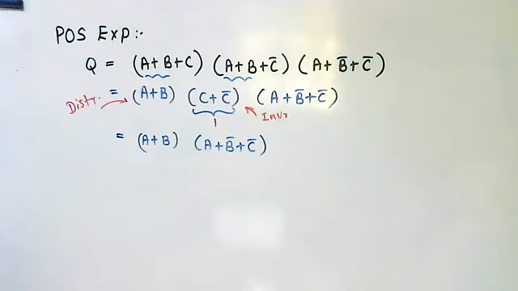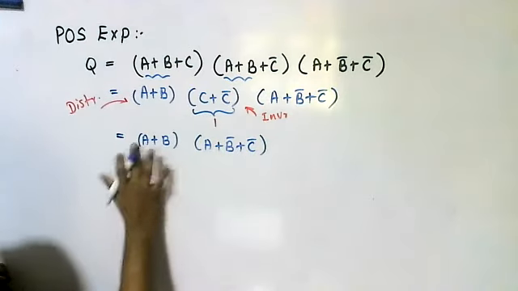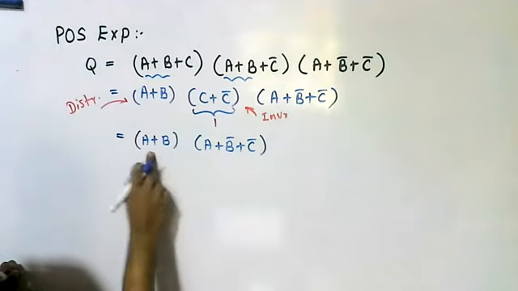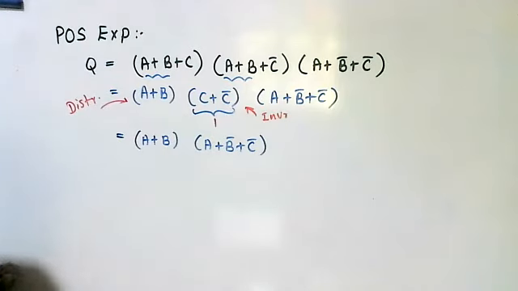Until here, I hope you all are okay. You all got this, right? Now we are going to multiply this, because only A is common, so it is not possible to simplify it.